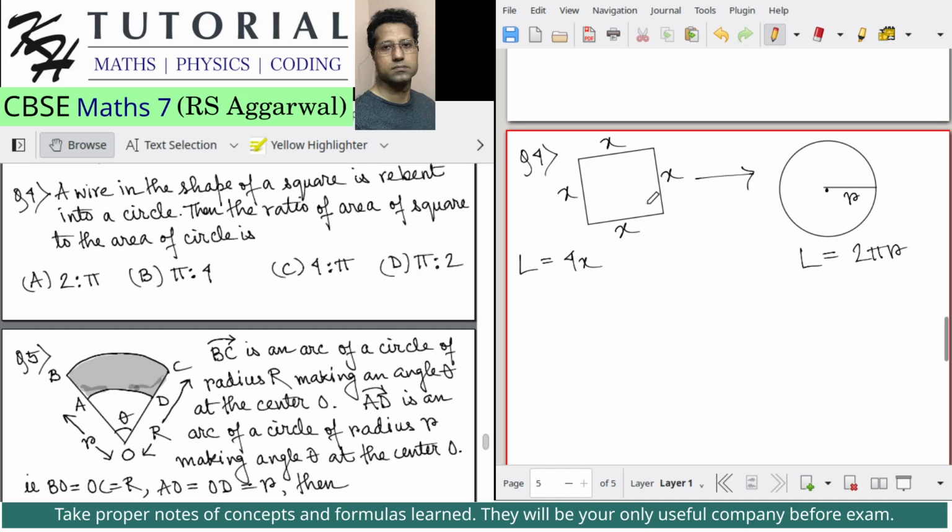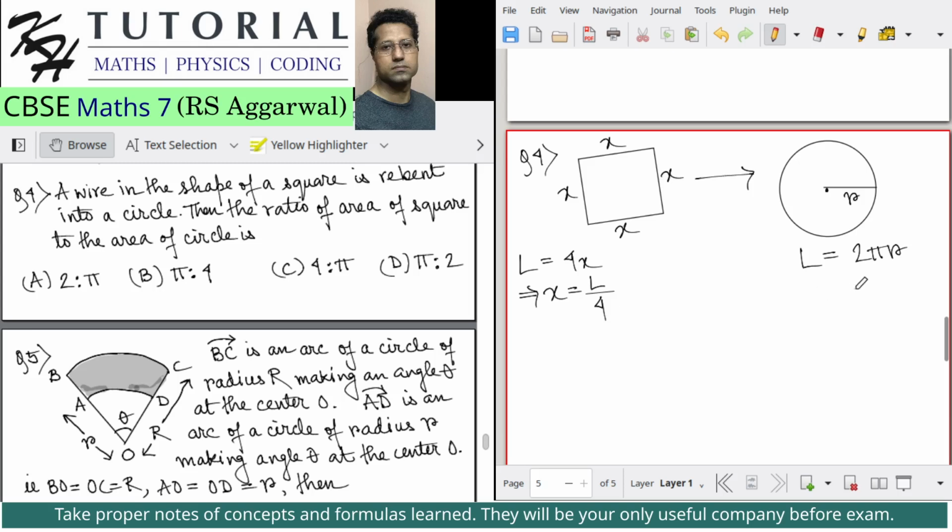Let's say the length of the wire is fixed; it is not changing. Let the length of the wire be capital L. Then we must have L equal to 4x, where x is the length of each side of the square. From here we get x equal to L by 4.